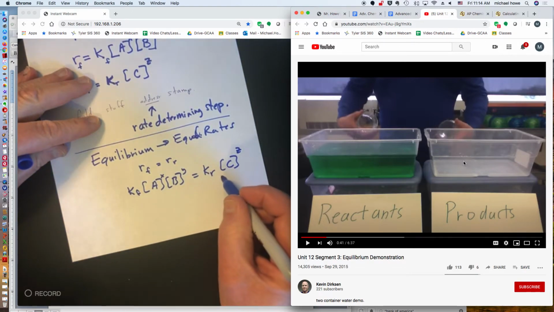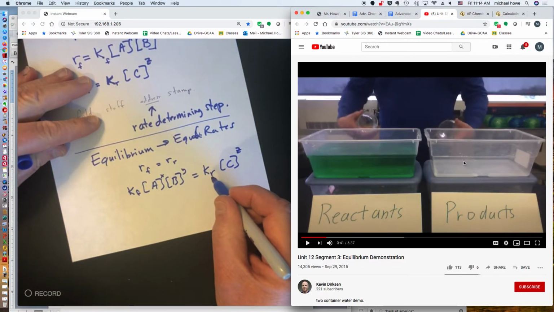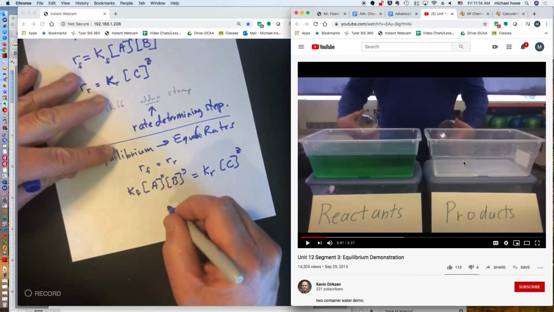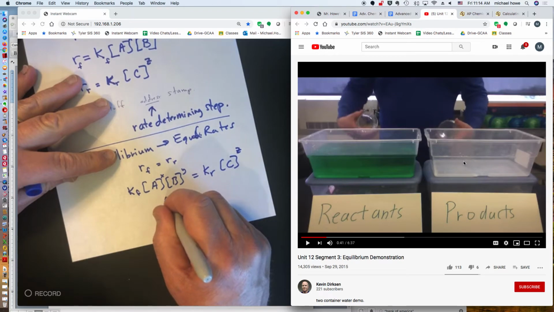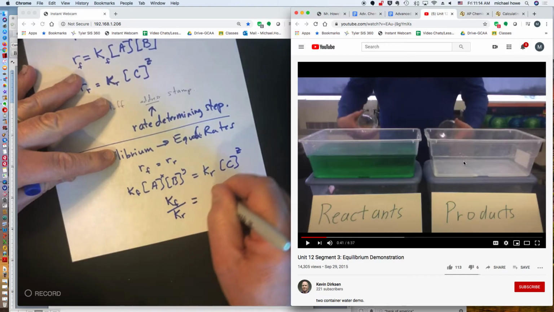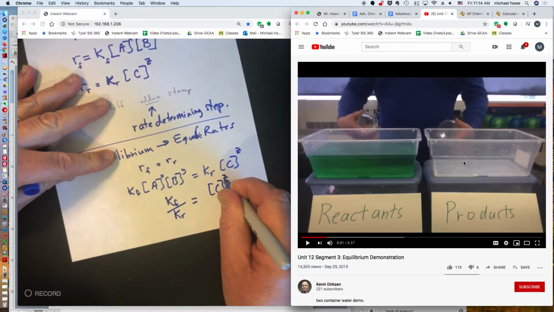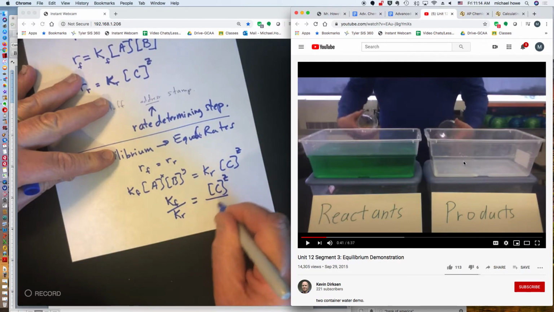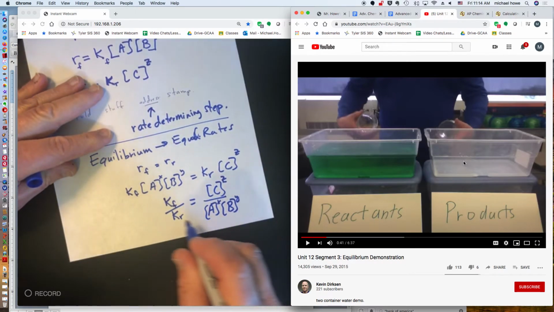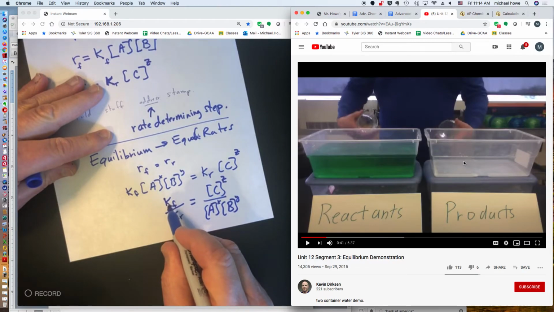Now I'm going to divide both sides by K reverse and divide both sides by A to the X, B to the Y. This is an algebra rearrangement, and I have K forward divided by K reverse is equal to C to the Z power, its coefficient, divided by A to the X power and B to the Y power.